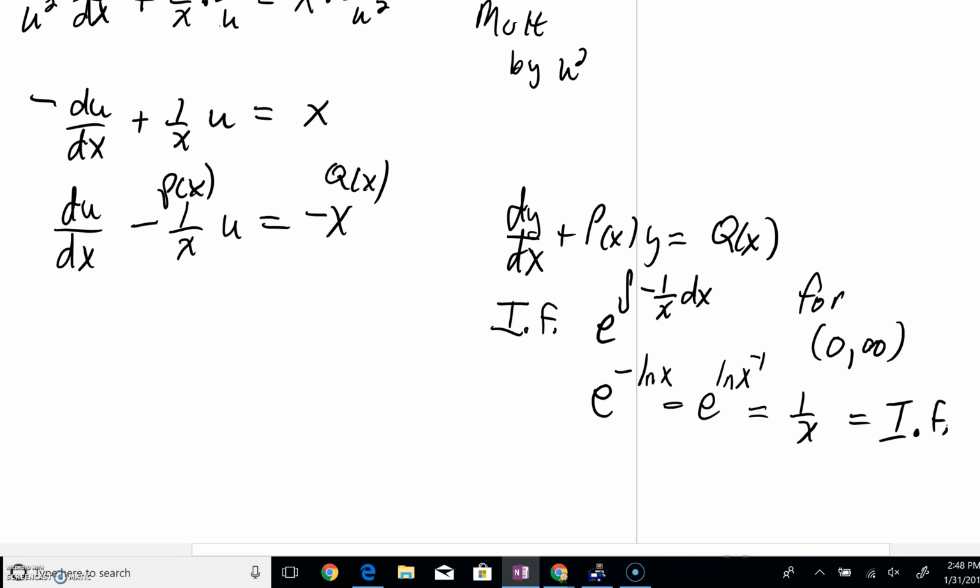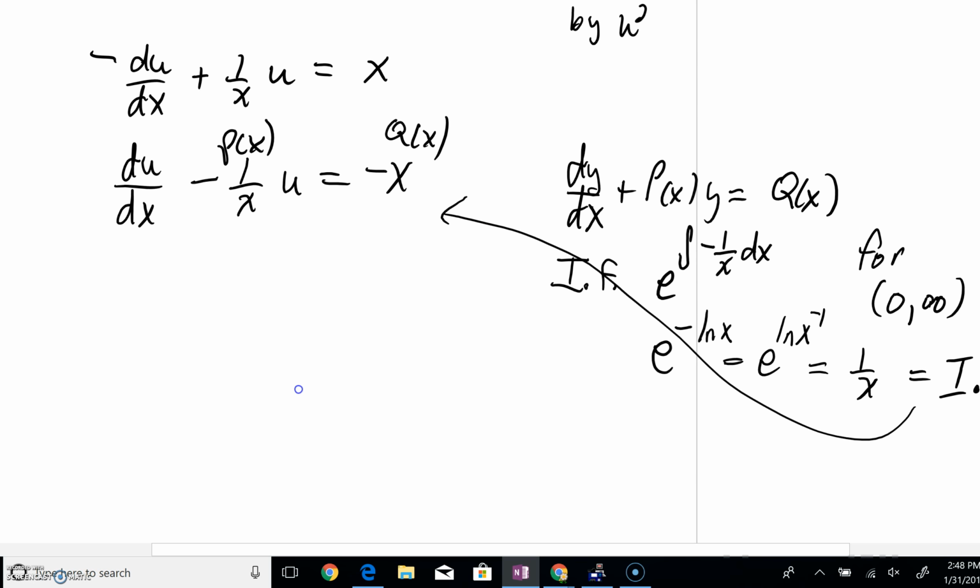And what we did with our integrating factor, I hope you remember, is we'd come back and we'd multiply every single part of our differential equation by it. So we have du dx multiplied to 1 over x. Multiply by a 1 over x here, you'd get a 1 over x squared. You'd have one more of those. And then on this right-hand side, multiplying by 1 over x, you just have a 1, or a negative 1, pardon me.